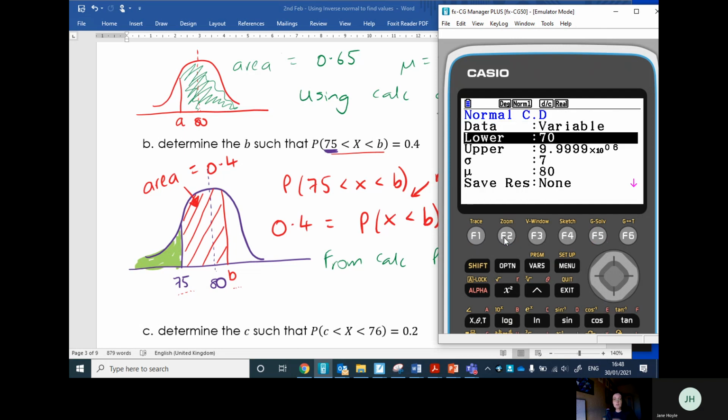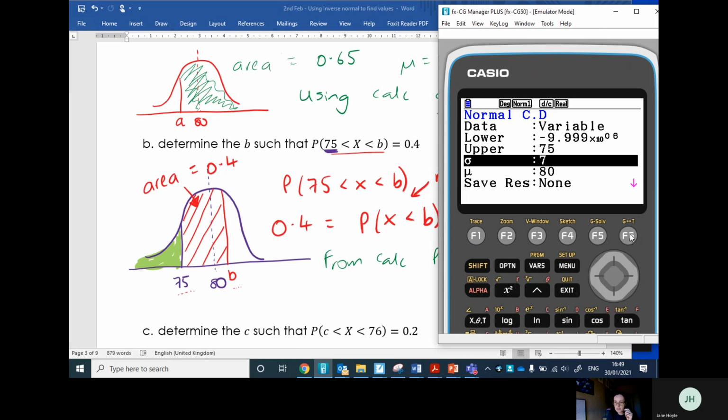I have got my lower, I want it to be all the way down there, so let's go with minus a really big number. I want the upper boundary to be 75. It is still 7 and 80, isn't it? So yes, my standard deviation is 7 and my mean is 80. Let's just get the picture there just for reassurance.